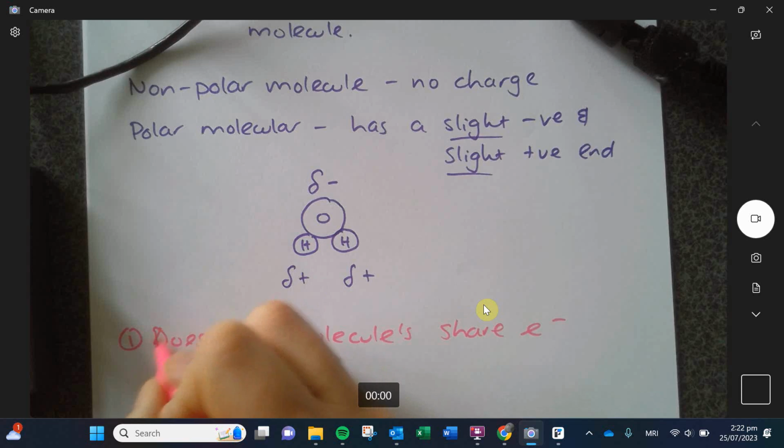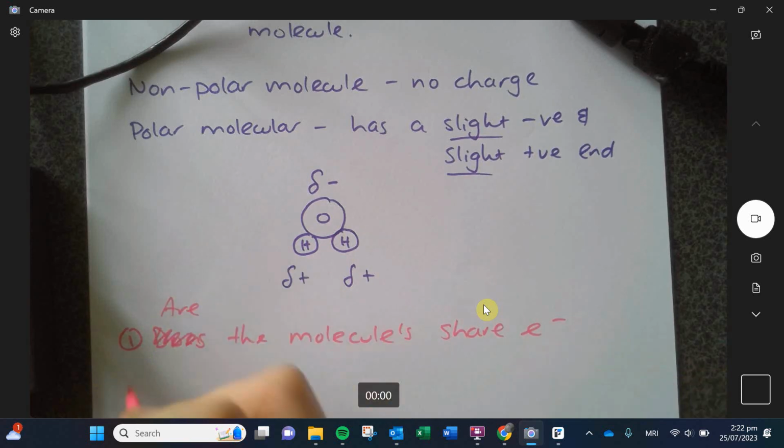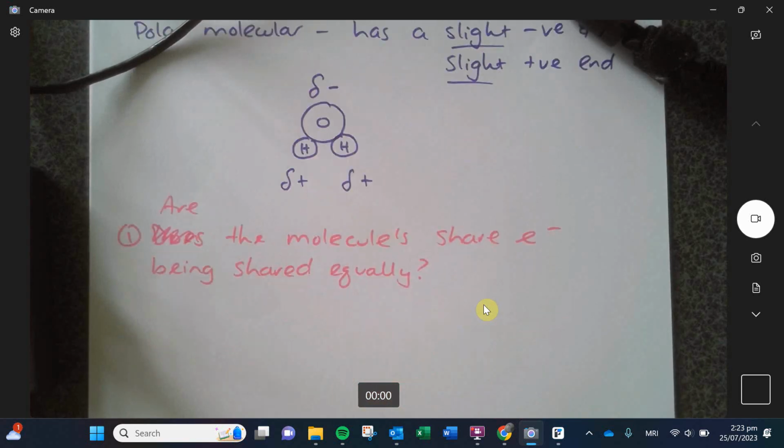I should say, are the molecule's shared electrons being shared equally? So that's our first question that we are asking when we're looking at this.